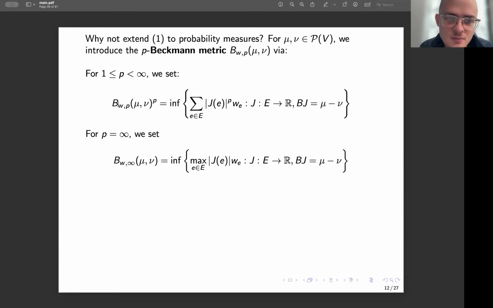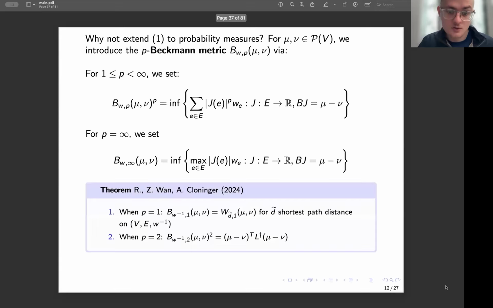So I want you to think about this W as corresponding to essentially, in particular, power. So W to the 1 would correspond to W to the 1 in the objective. Having said that, one result we can state, which is quite nice, is that when p is equal to 1, you can recast this program as an optimal transportation metric, a particular Wasserstein metric. When p is equal to 2, you recover effective resistance. Now, you'll note here there is some caution that needs to be exercised regarding the weights.